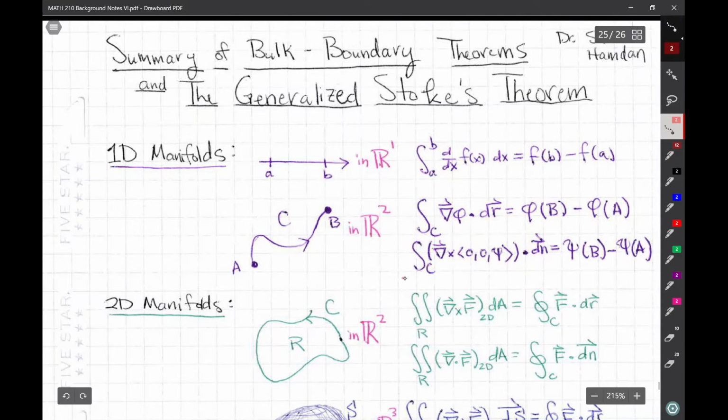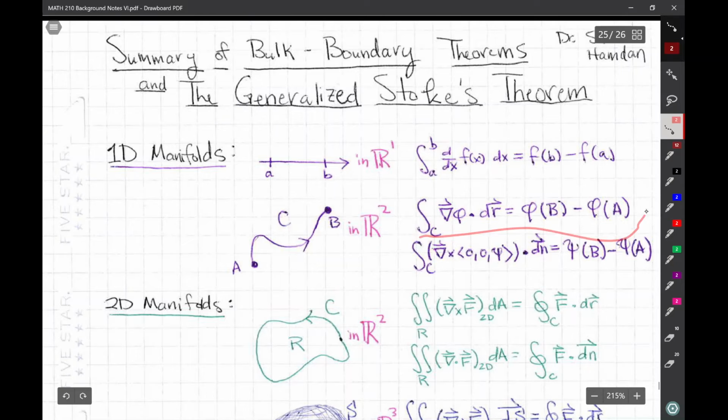This could also be done for vector line fluxes. We also looked at line fluxes, and there these only live in R2. A higher notion of flux would have to live in R3. So these were the derivative operations, and they were traded for an operation at the boundary.